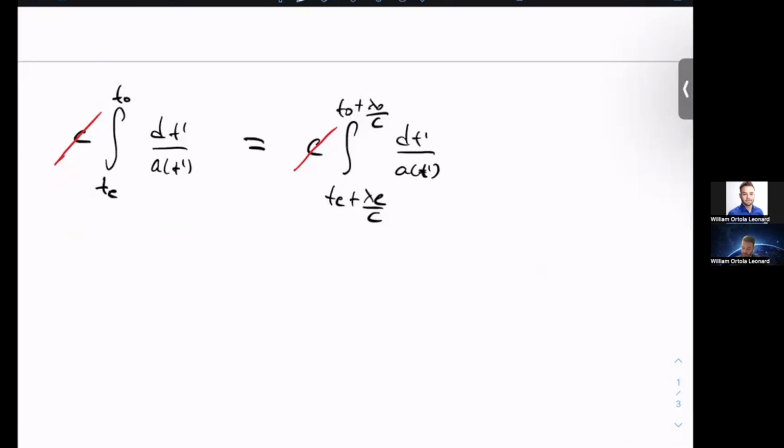On the right hand side, we're going to have first an integral that goes from t emitted to the observed time, plus then an integral that goes from t naught all the way to t naught plus lambda naught over c.